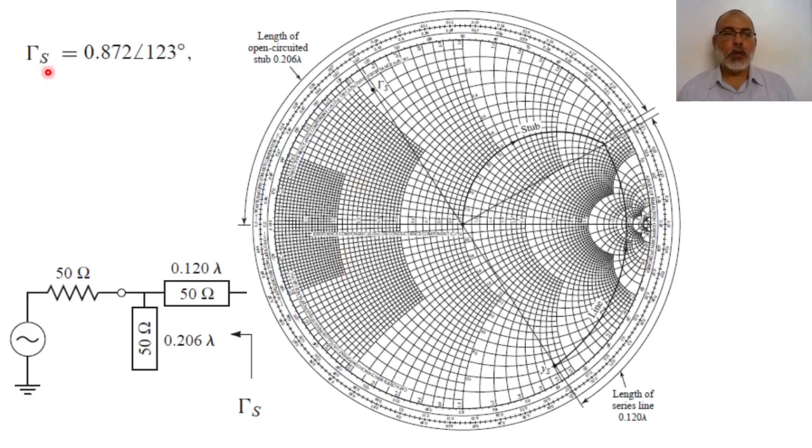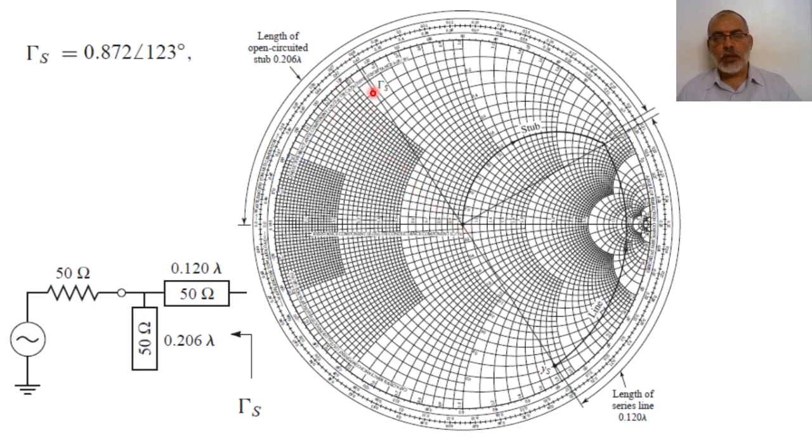At the beginning, we are going to present the value of the required gamma source on the Smith chart. It is 0.872 with an angle 123 degrees. As I said, the radius of this circle is unity. So we are going to take 0.872 of this radius.